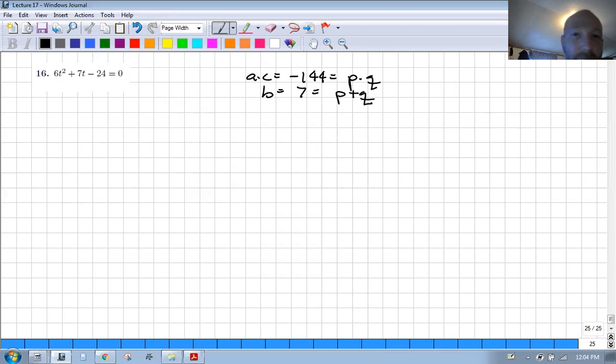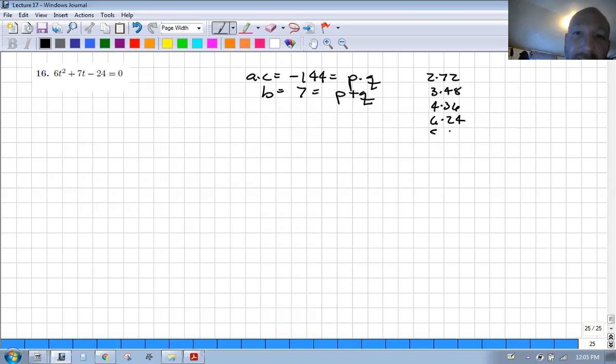Let's see. 2 times 72, but that won't help. We get a 3 and a 48. 4 and a 36. 6 times a 24, getting closer. Divisible by 7?